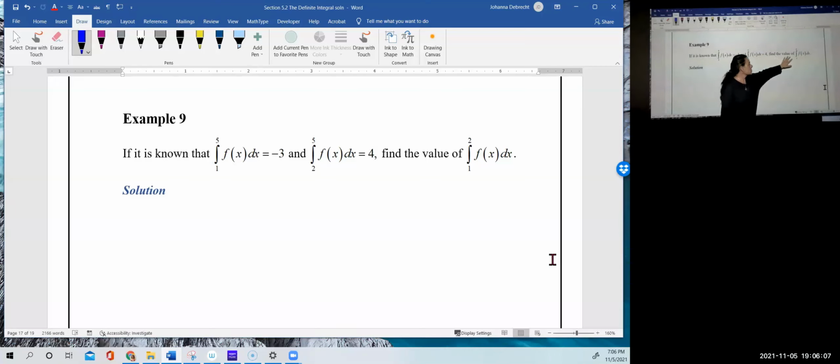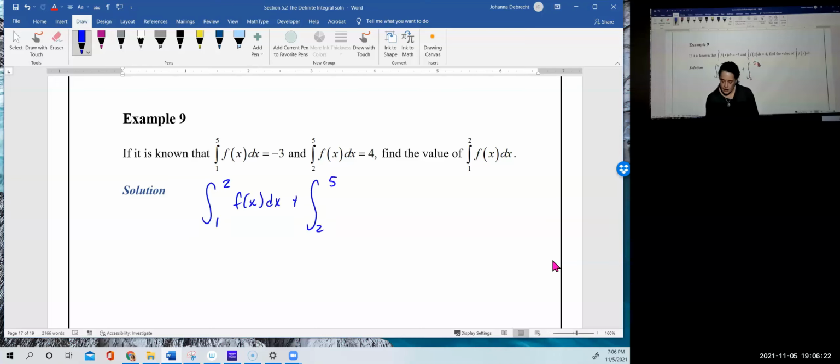So it asks the question, what's the value of the integral from 1 to 2? Well, the first thing that we can realize is that the integral from 1 to 2 of f of x dx plus the integral from 2 to 5 of f of x dx has to be equal to the integral from 1 to 5 of f of x dx.